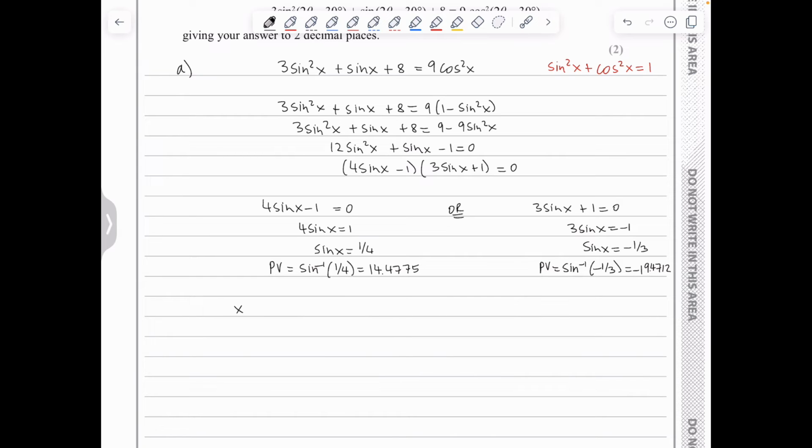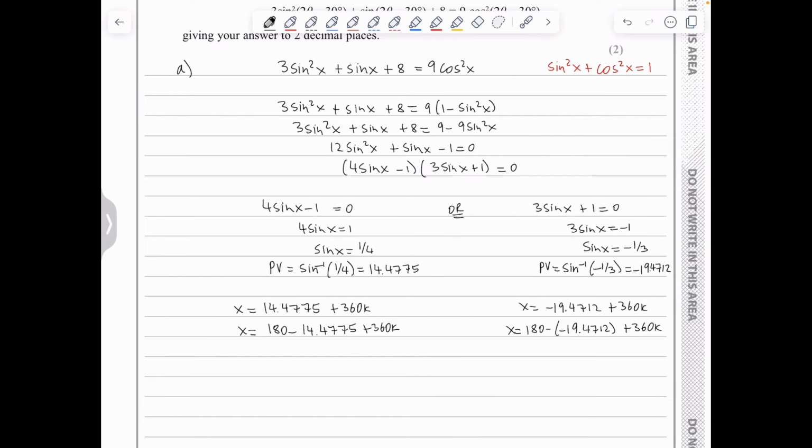We know that it's the PV, so 14.4775 plus 360k, or 180 minus the PV, minus the 14.4775, plus 360k. And similarly, for the second equation, we've got x is minus 19.4712 plus 360k, or 180 minus the negative 19.4712 plus 360k. Now the k can be any integer, positive, negative, or 0.